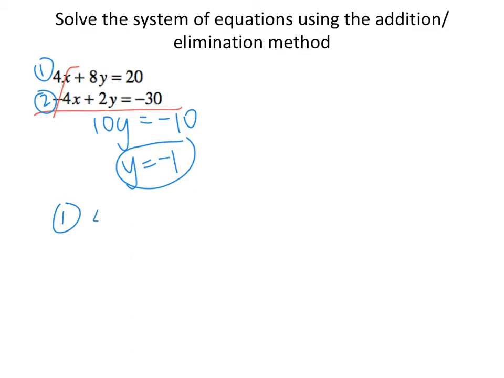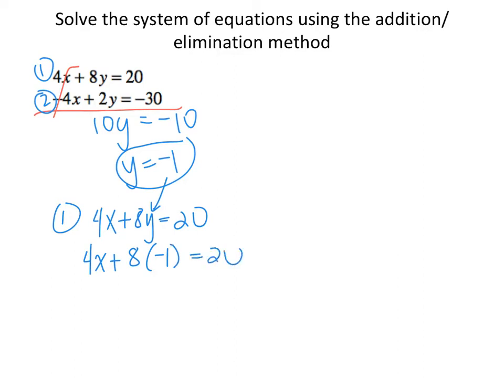So we have 4x plus 8y is equal to 20. I already know I'm subbing in -1 for y there. So you have 4x plus 8 times -1 is equal to 20. Solving now, I have 4x, 8 times -1 is -8, equals 20, plus 8 plus 8.